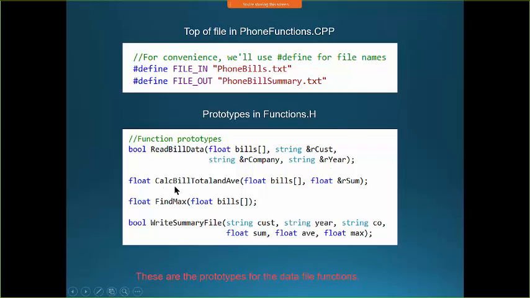And then we have calc bill total and average. Notice this one is going to calculate the total and the average. They kind of did something weird here. They're going to return the sum as a reference, but how's the average coming out of this?